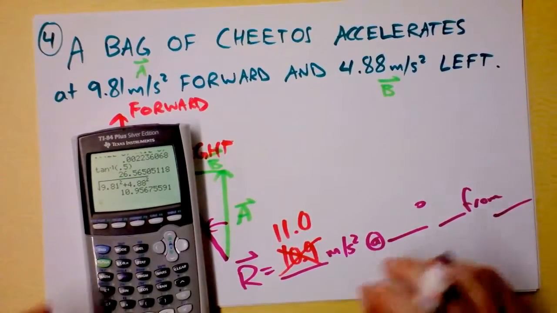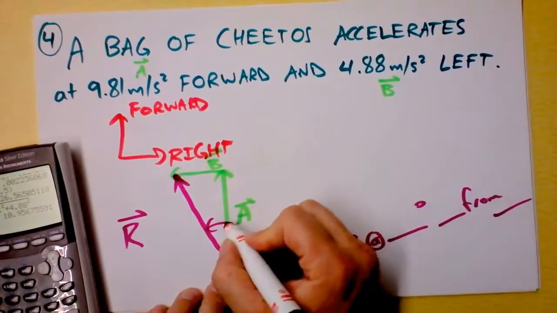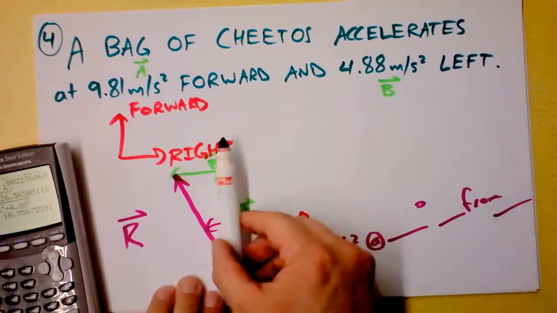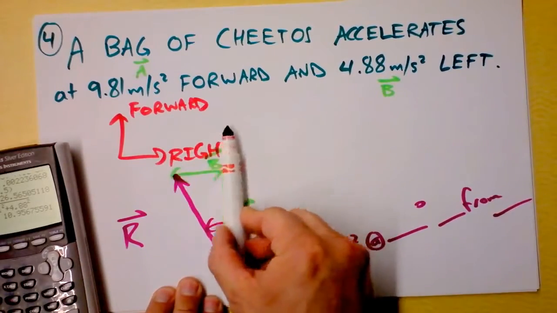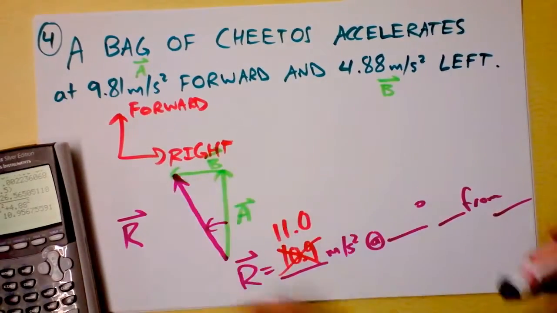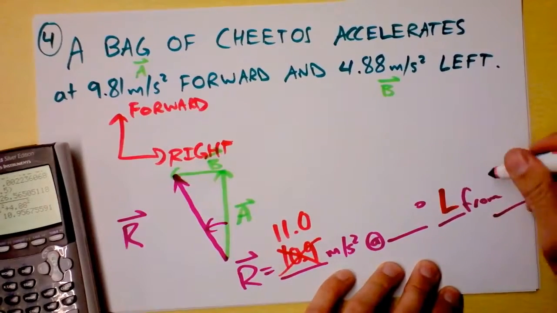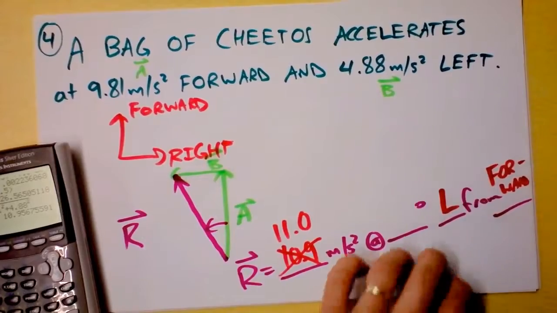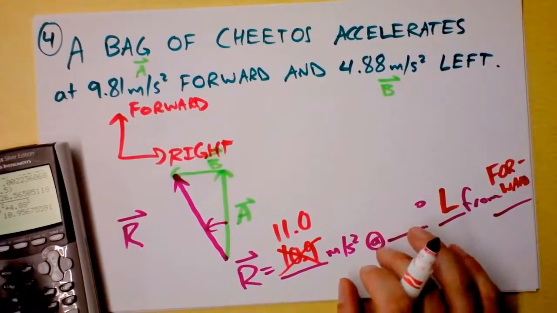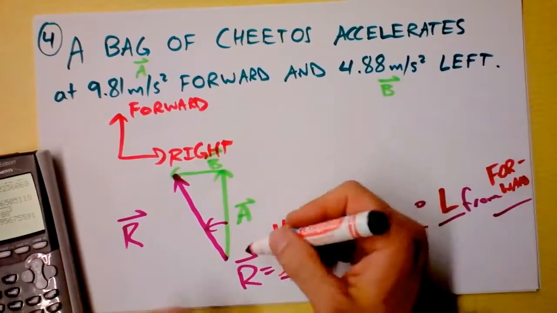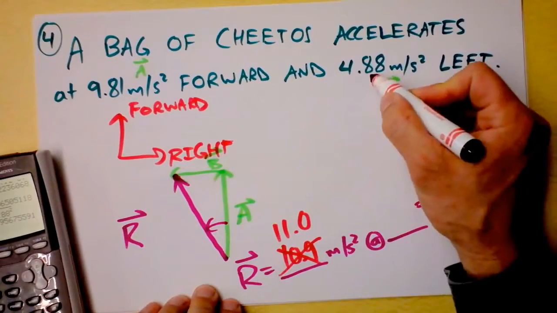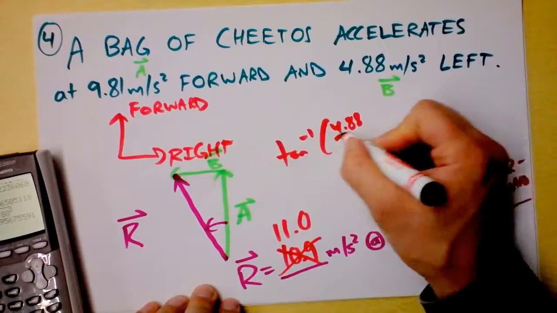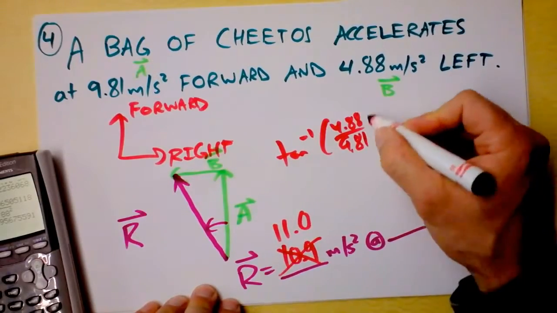Careful. And then I have to find this angle. This angle is the angle away from that direction, which is forward. So this is left of forward. See that? It'd be like you turn to the left. I'm trying to find this angle, and I have to take the inverse tangent of the opposite side, which is B, tangent inverse of 4.88 divided by 9.81.